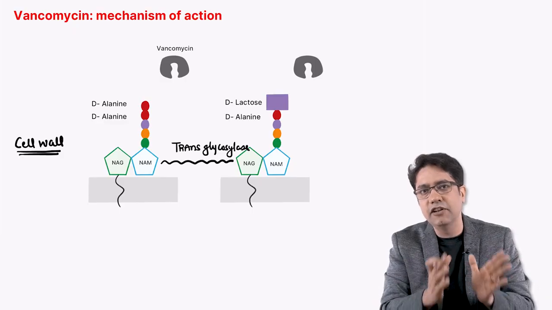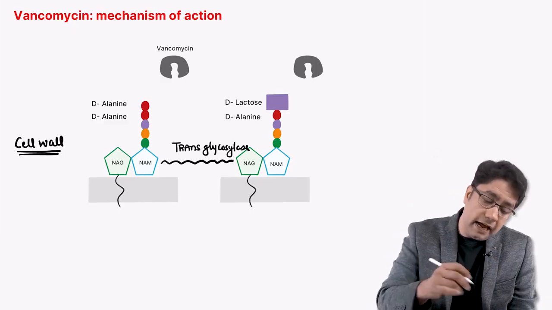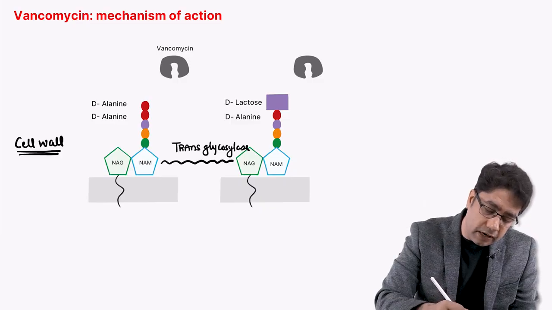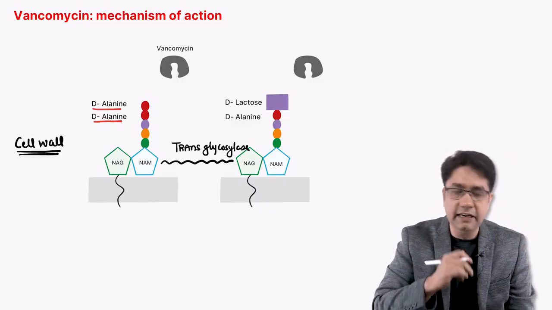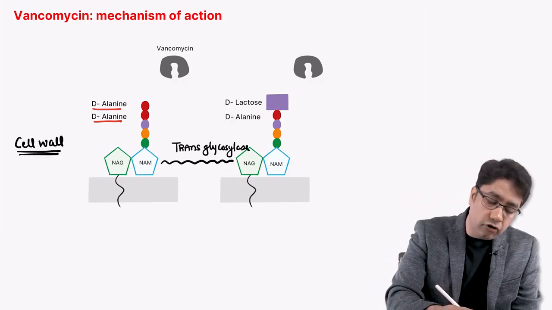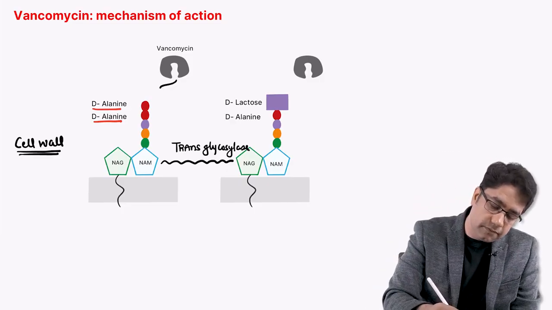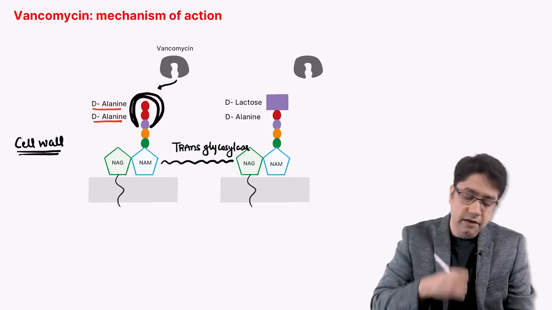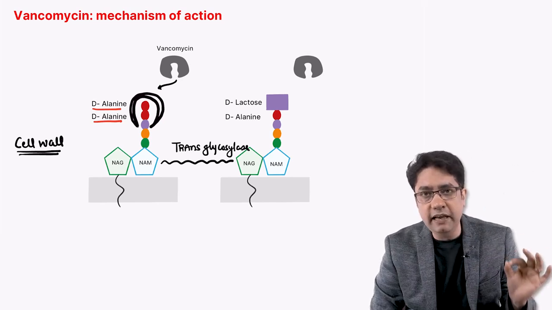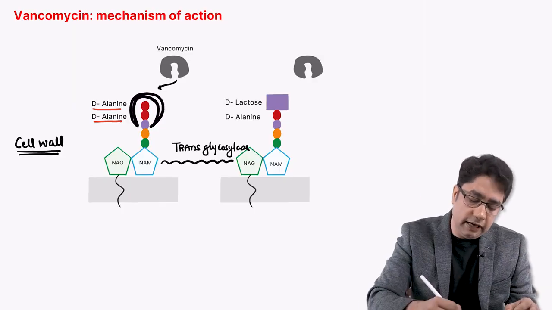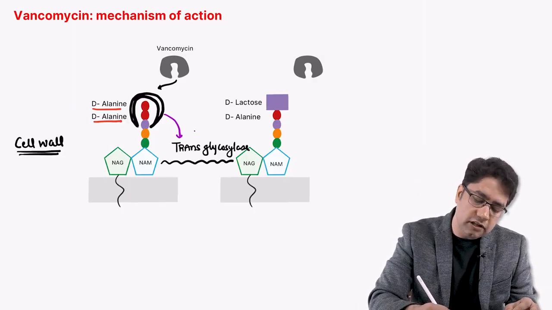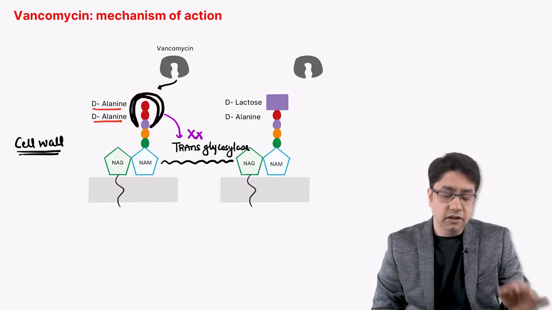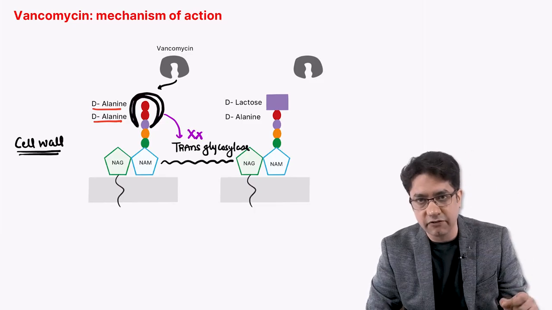That is why the cell wall is peptidoglycan. And the peptide is made up of amino acid D-alanine. So vancomycin comes and attaches to this D-alanine moiety. When it attaches to the D-alanine moiety, it inhibits the cross-linking of glycans. So this is the mechanism of action of vancomycin.